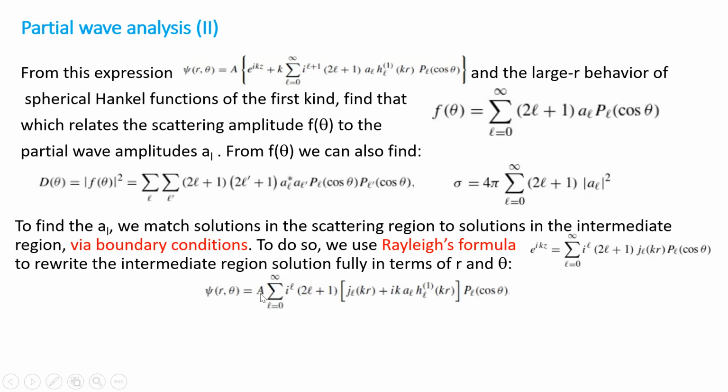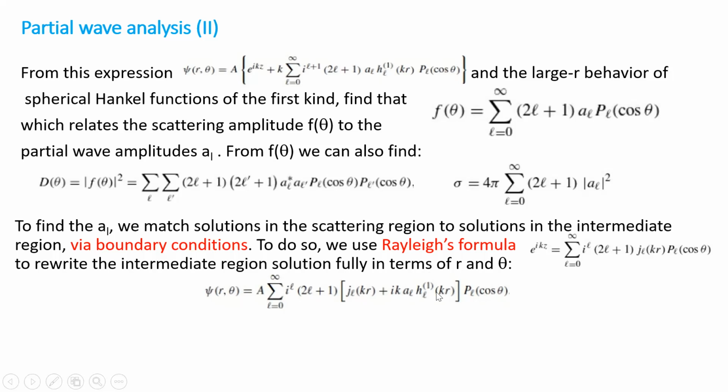We still have an A in front. We factor out i^L times (2L+1) and P_L(cos theta), and we're left with j_L(kr) here. Since this was i^L, this was i^(L+1), we have an i times k times A_L, the partial wave amplitude, times the Hankel function of the first kind.